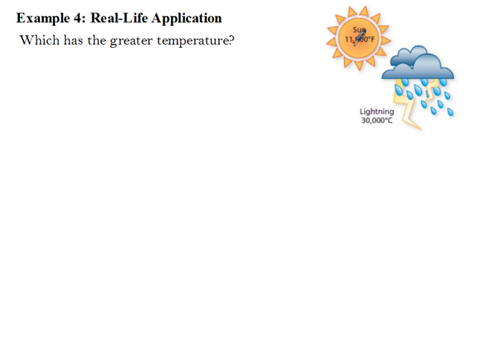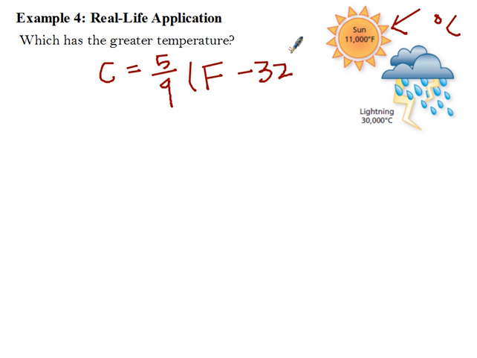What I'm going to do is change the sun temperature to Celsius. So the formula that we have is C equals 5/9 times (F minus 32). We're going to use this to change this to Celsius.